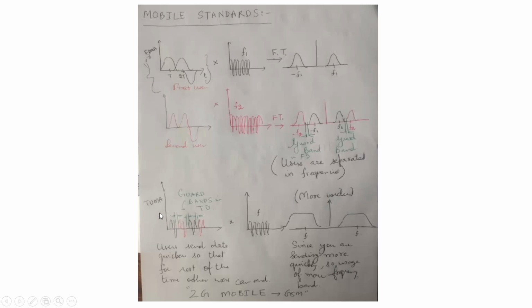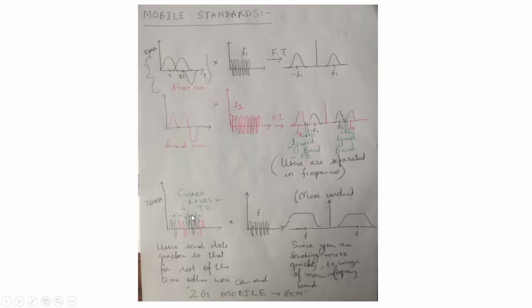That means we will be sending the digital bit streams of different users at a faster rate, so that less time is consumed by one user and the rest of the time slots can be used by the other users. But the important thing to note here is that a certain guard time is required between the two users, that is, a guard band in the time domain.